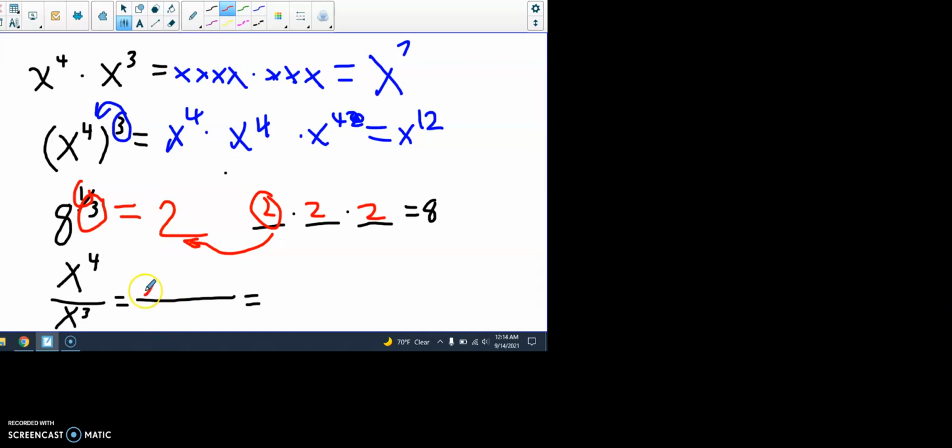For the last one, we have 4x on top, 3 on the bottom. When simplifying a fraction, anytime I can do x over x, that's a value of 1. So when simplifying this fraction, all we're left with is x, or x to the 1st power.